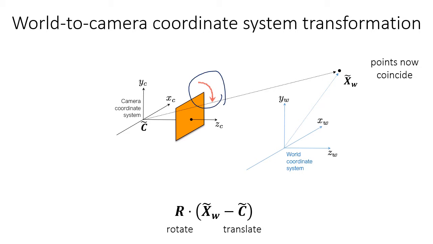These 2 coordinate systems may have a rotation difference. So by multiplying by this rotation matrix, a 3 by 3 matrix, now the points coincide.